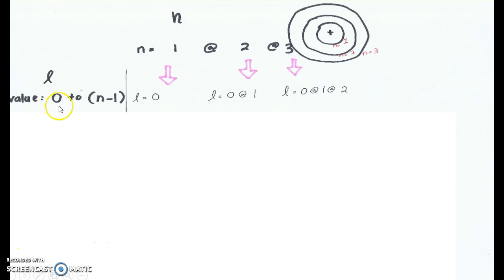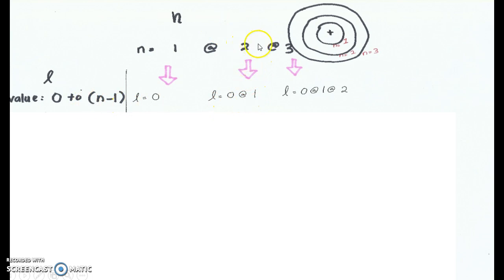Next, we go for l. l means the angular momentum quantum number. The value of l is related to n. The value must start from 0 to n minus 1. If let's say we have n equal to 1, l must be 0. If n equal to 2, we have l starting from 0 to n minus 1, meaning 2 minus 1 is 1.